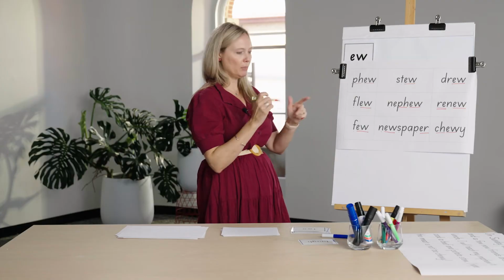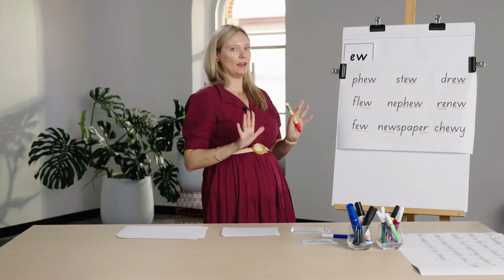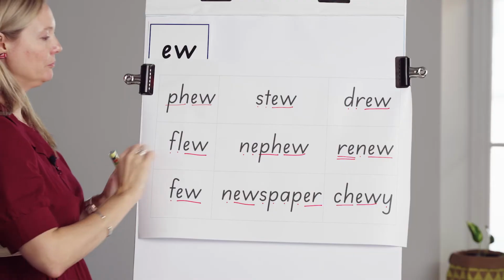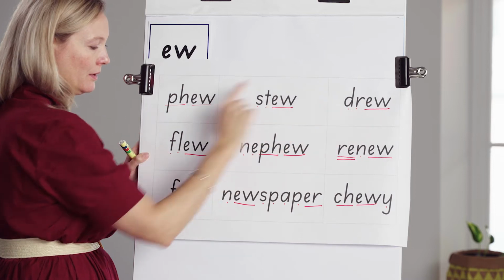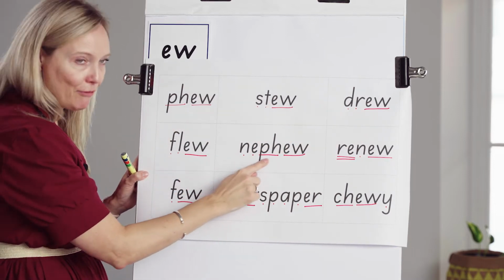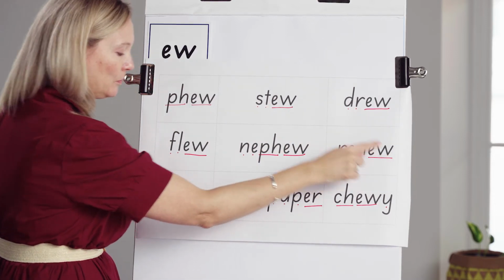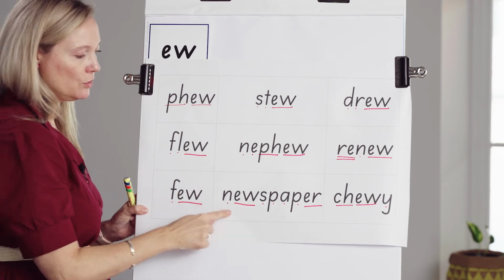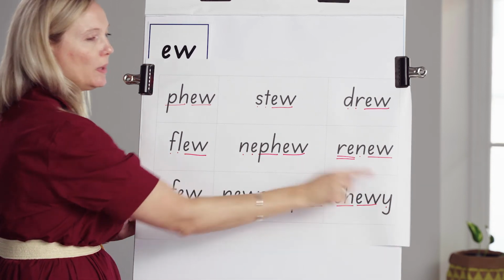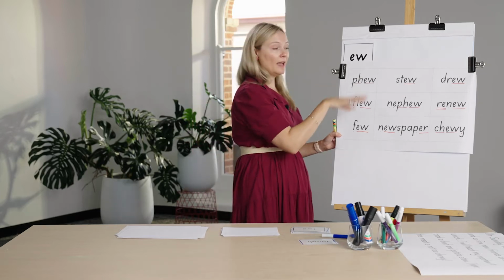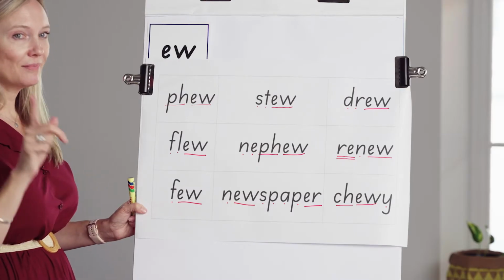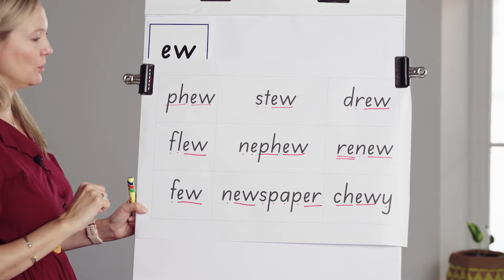Let's read from the top in your best reading voices. Few, stew, drew, flew, nephew, renew, few, newspaper, chewy. How did you go? Do you need to pause and read those again? Do that if you feel you need to.